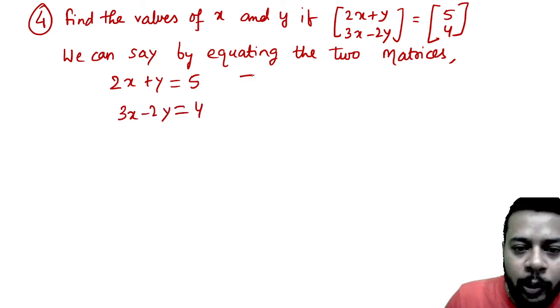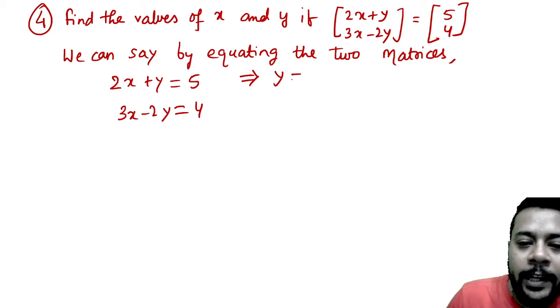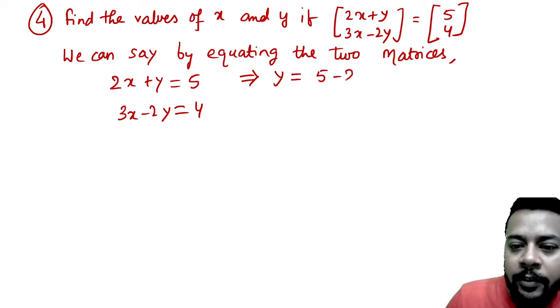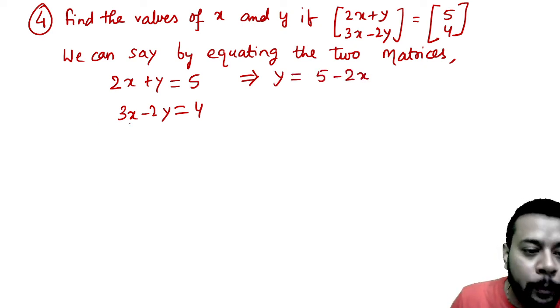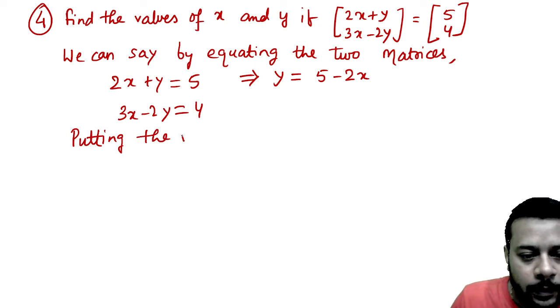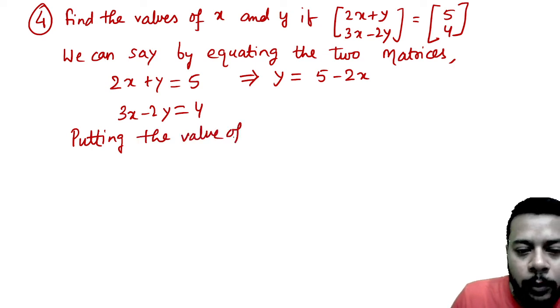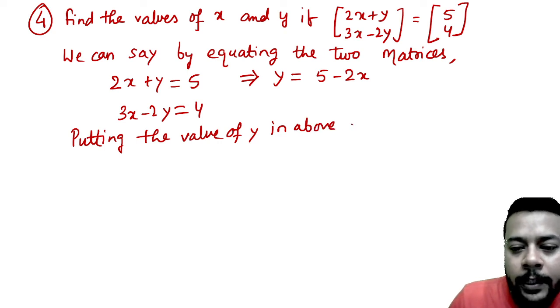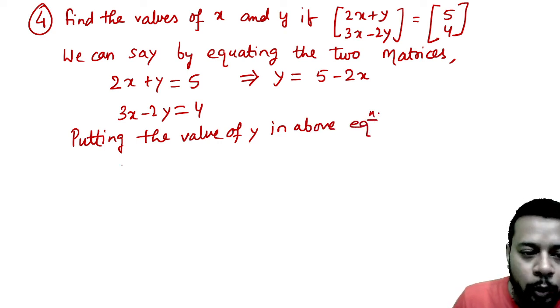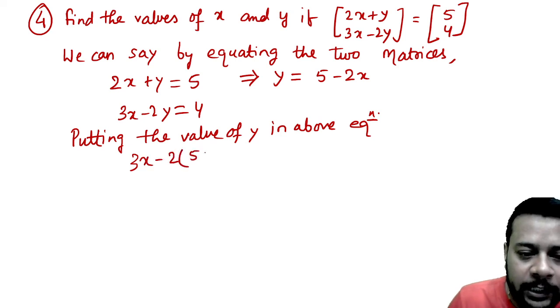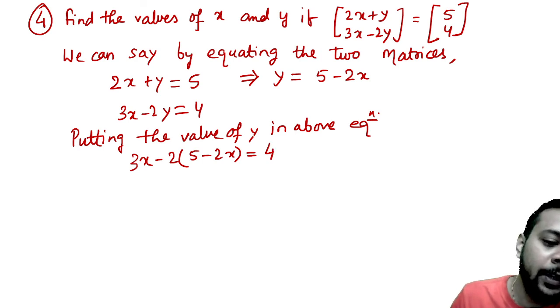So from the first equation we can say that y is equal to 5 minus 2x. So put the value of y here. Putting the value of y in the above equation, what will we get? 3x minus 2 into y's value, that is 5 minus 2x, is equal to 4, right?